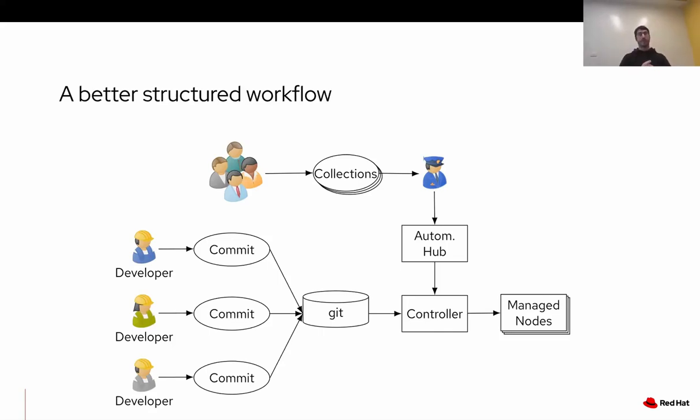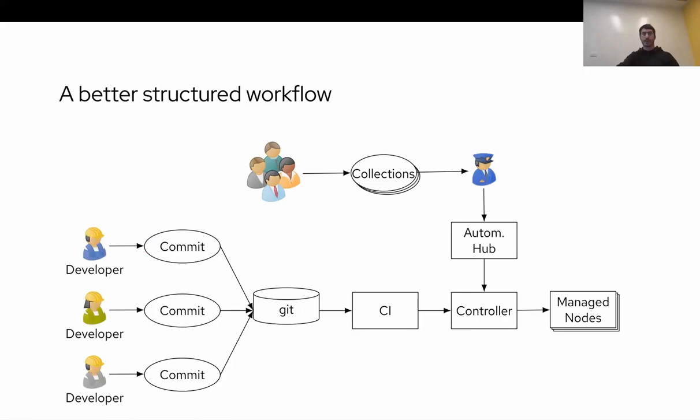The advantage of this is that you can then have policies and human checking those collections, and you have a clear track of what was approved by who. So in that way, you can simplify that system and ensure that only versions of those collections that have been vetted are actually usable within your architecture.